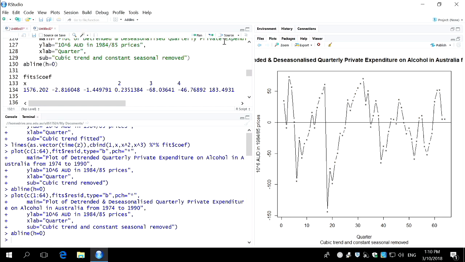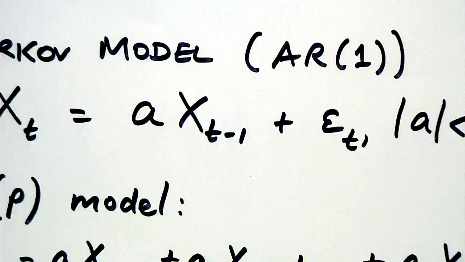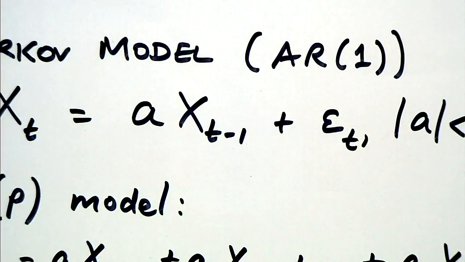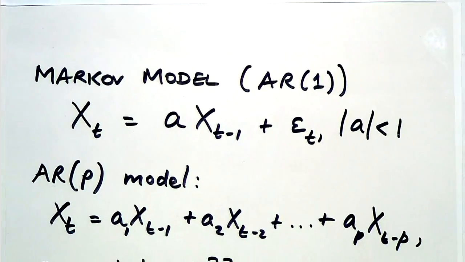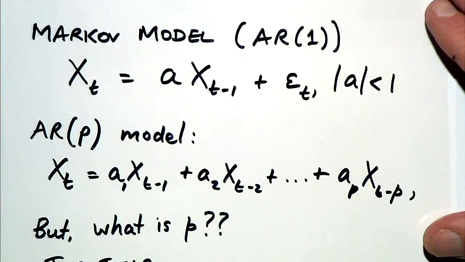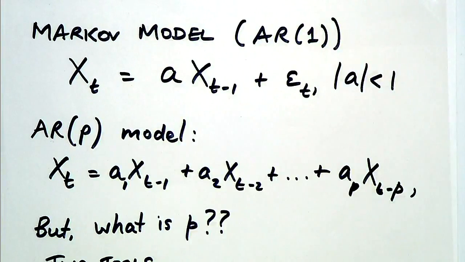So we talked yesterday about a very simple model called an AR1 or a Markov model. So we fit a Markov model, which is an AR1. There's the formula for the model there.